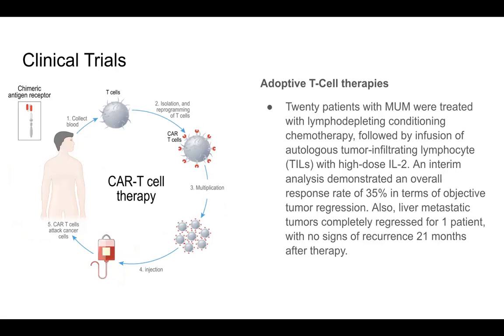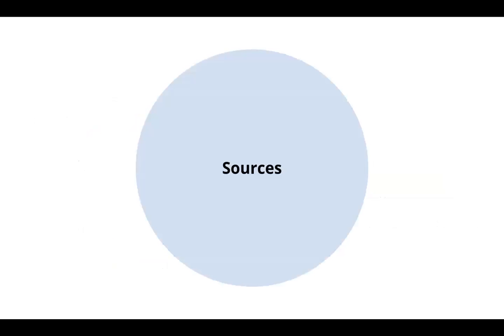However, a larger scale phase 2 trial is currently recruiting to evaluate a lymphodepleting preparative regimen consisting of several novel drugs followed by an infusion of autologous T cells and high-dose IL-2 in 59 patients with a specific type of uveal melanoma. This treatment shows more promise in the treatment of uveal melanoma.